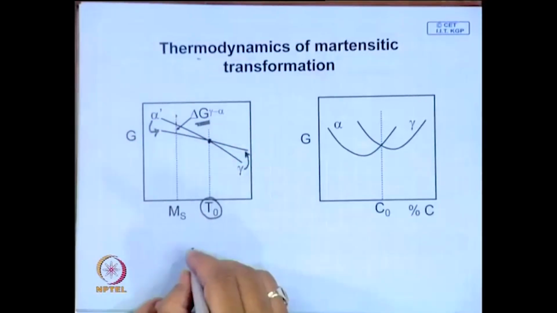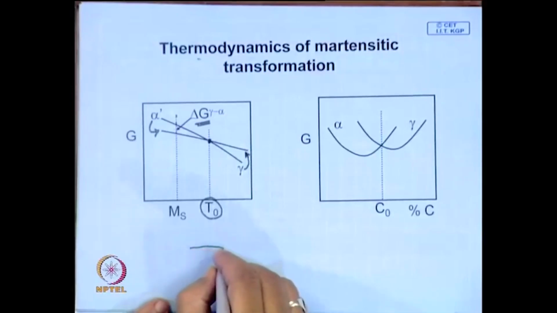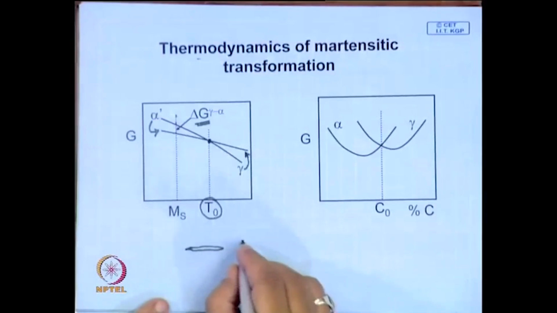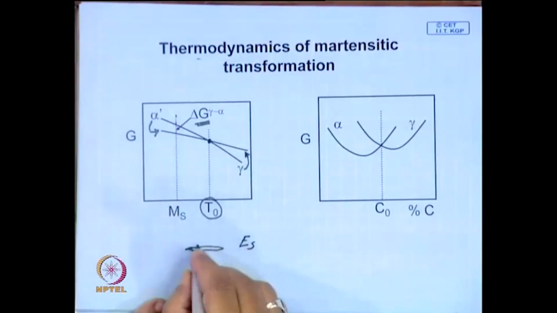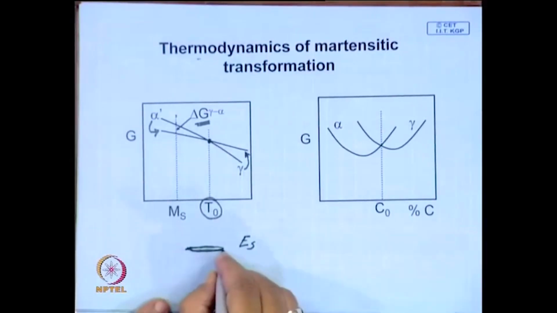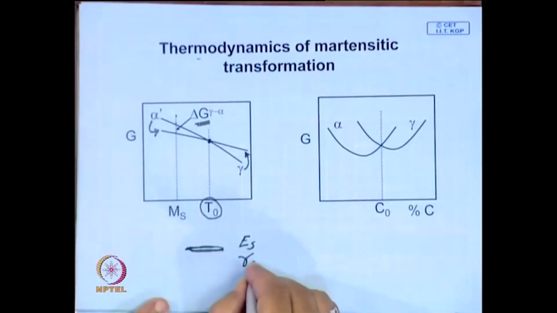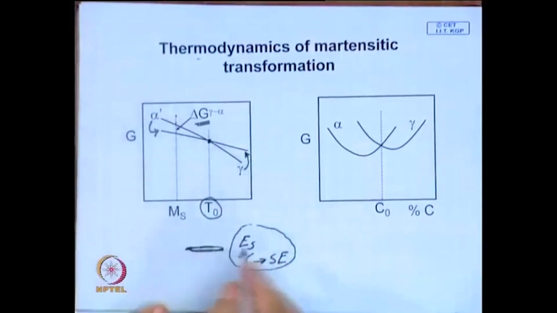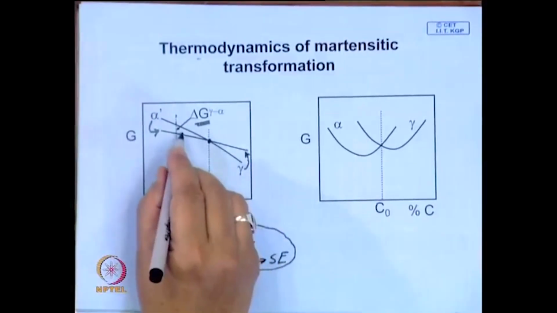Now, two things are happening. When a martensite needle or plate forms, it is associated with a high amount of strain. So it has a lot of strain energy apart from the interface energy, that is, surface energy, which will oppose the deformation.